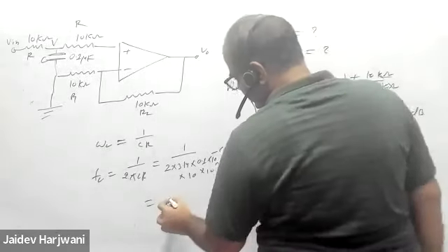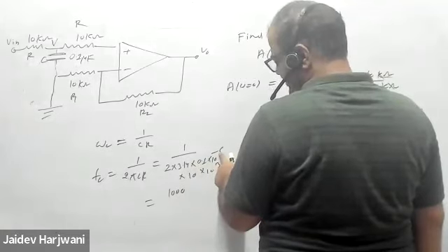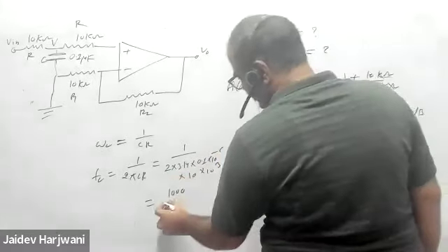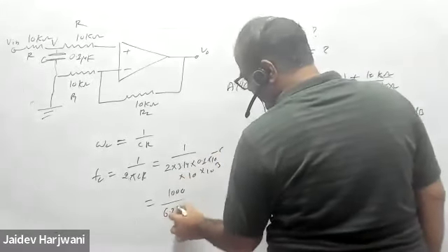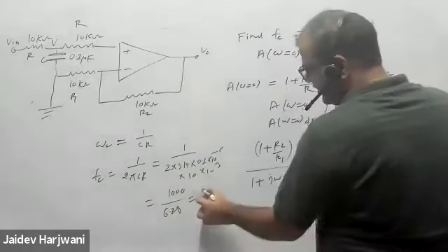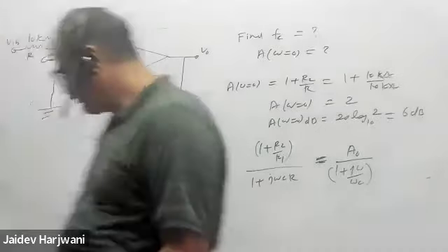So this should come 1000 upon, because this is 7 and this is 4. Okay, so 3 will go, 1000 upon 6.28, and the answer is coming 159.235 hertz.